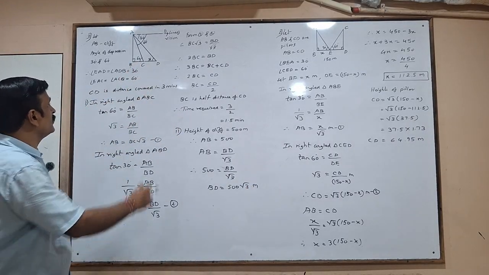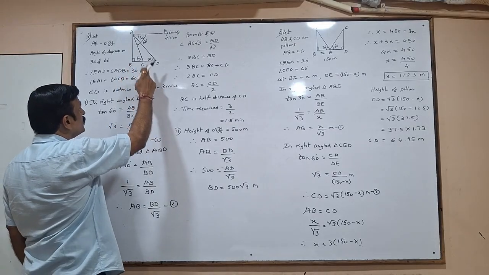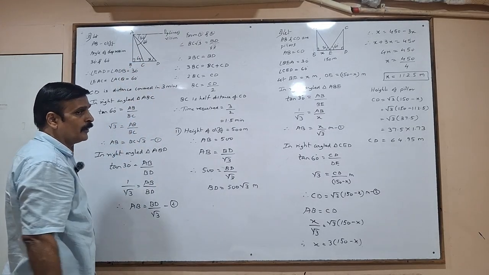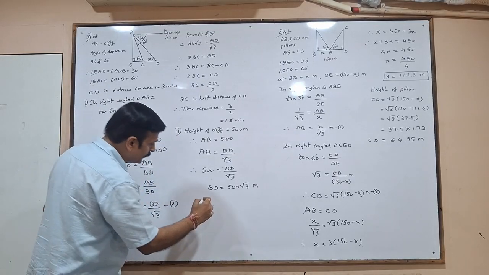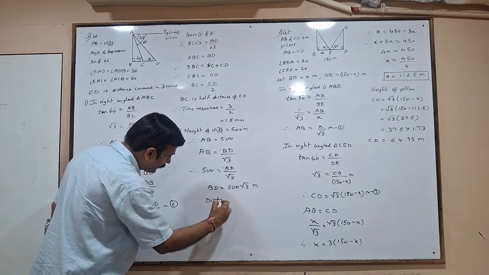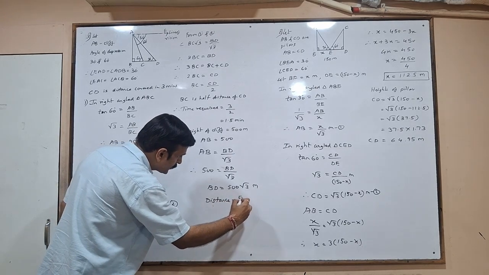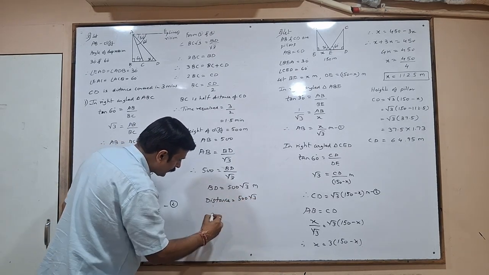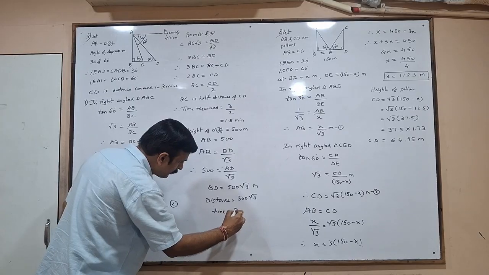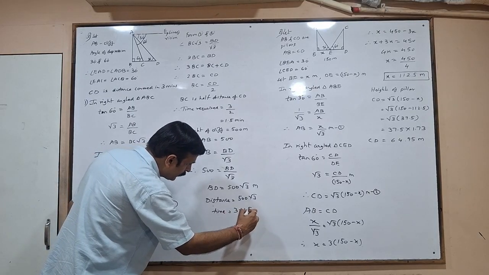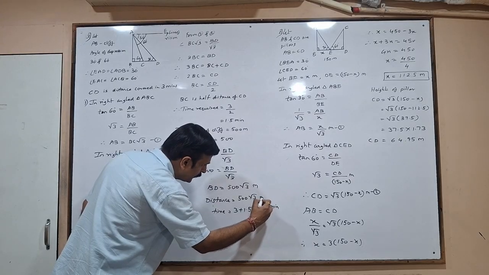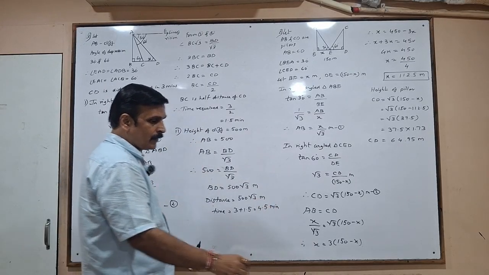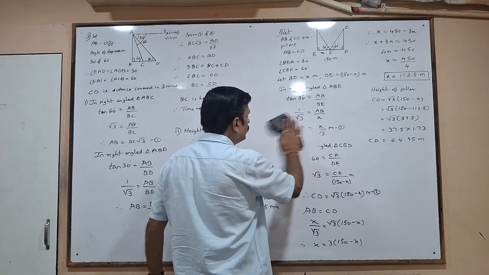And how much time is required to cover this much distance? 3 plus 1.5, 4.5 minutes. So distance is 500 root 3. Time is 3 plus 1.5, 4.5 minutes. We want speed.